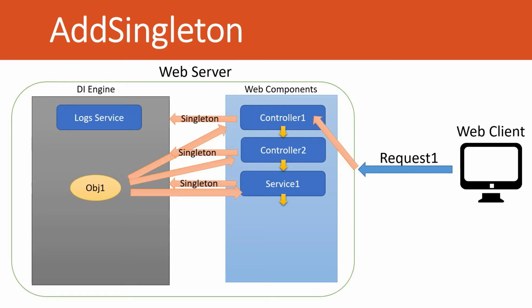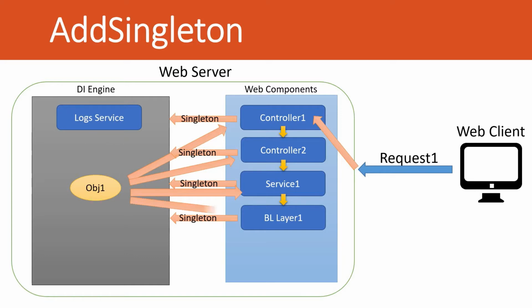Then service 1 also calls the other layer, that is business logic layer 1. This one also has a dependency on logs service. So it requests the DI engine for logs service. This time also it will process the request, and it won't create a new object as it is a singleton.